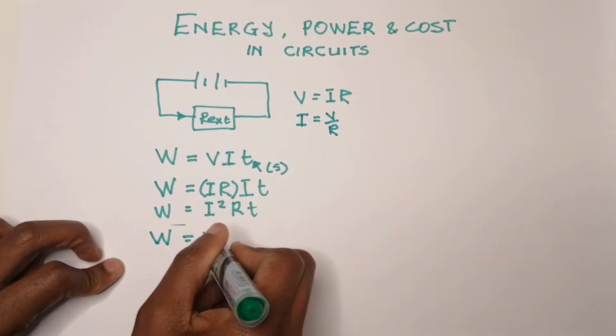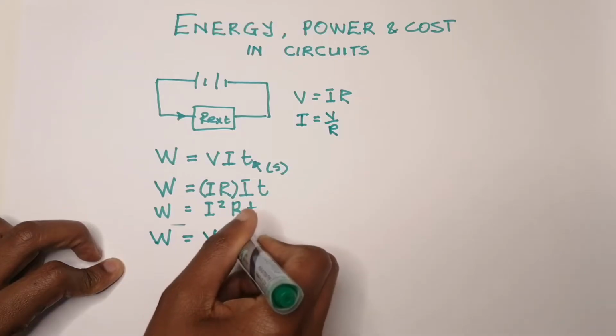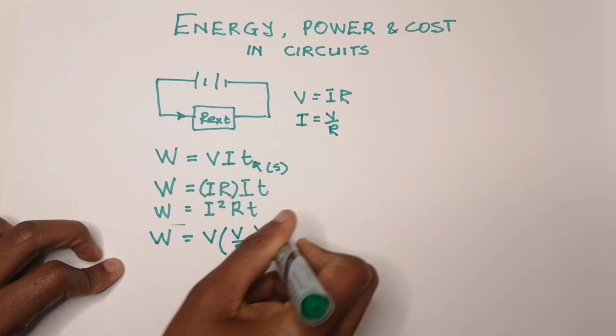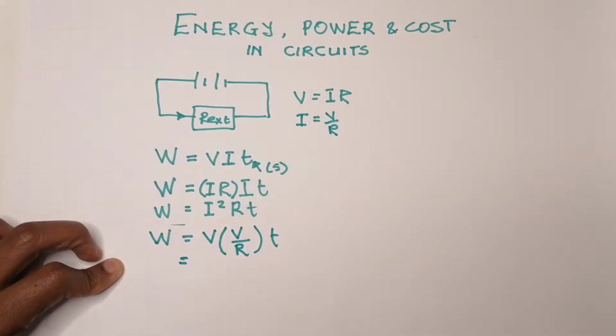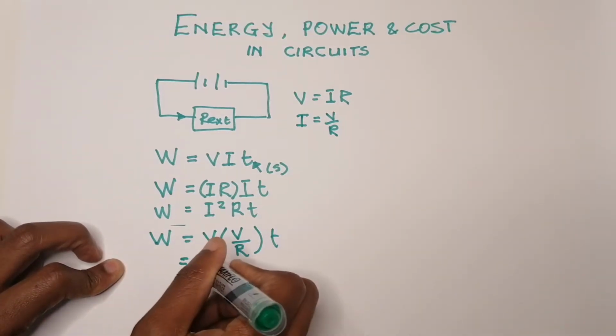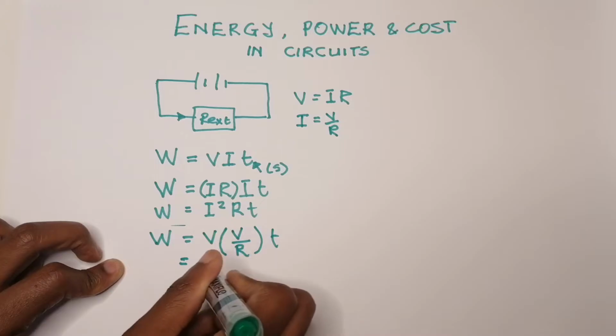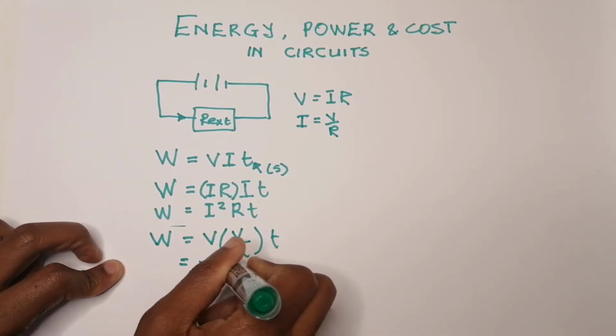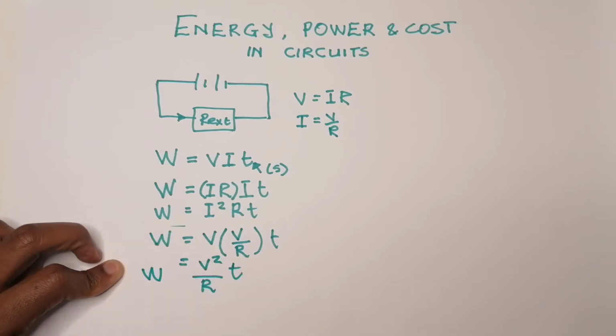You end up with V multiplied by V over R times T. All I'm trying to do is show you where these come from. But nonetheless, please, you will not necessarily be required to derive these equations. You just need to know how to use them.